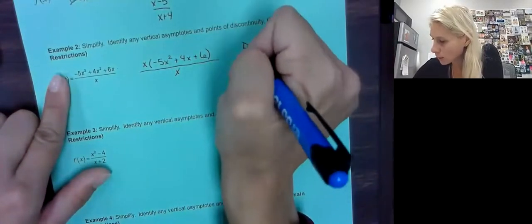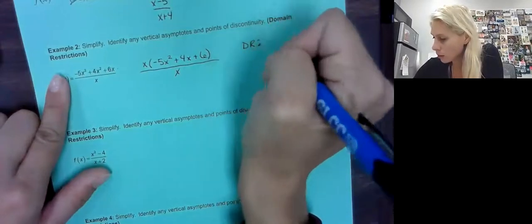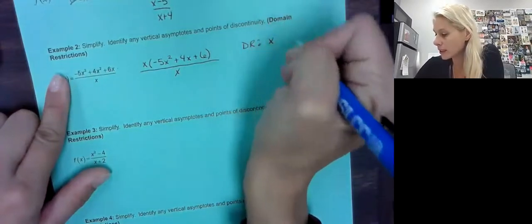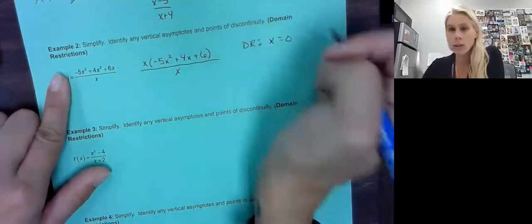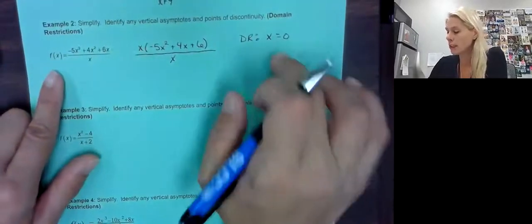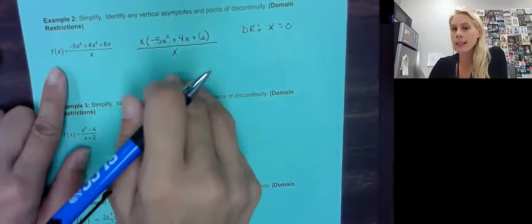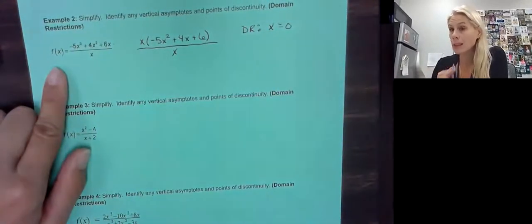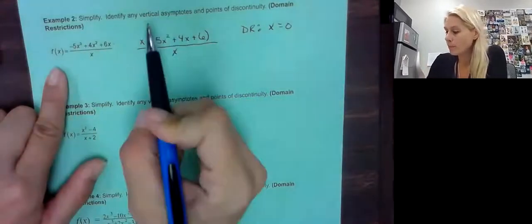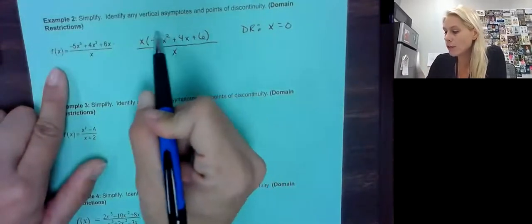Okay, now we're going to do our domain restrictions. Remember, set that denominator, which in this case is just x, equal to 0. So that's done. So our domain restriction is 0. Now let's look back at our factored form and say, what can we cross out? Remember, we can only cross out things that are multiplied. As you can see here, this is a full group.